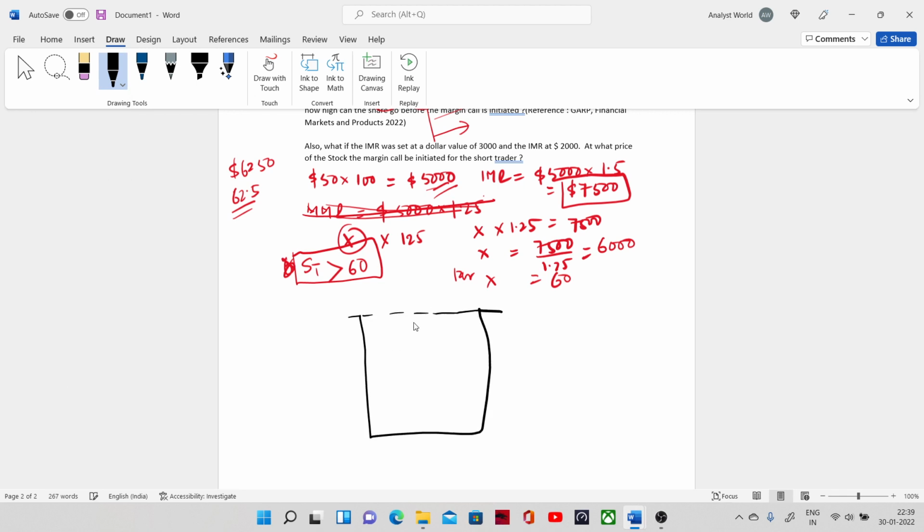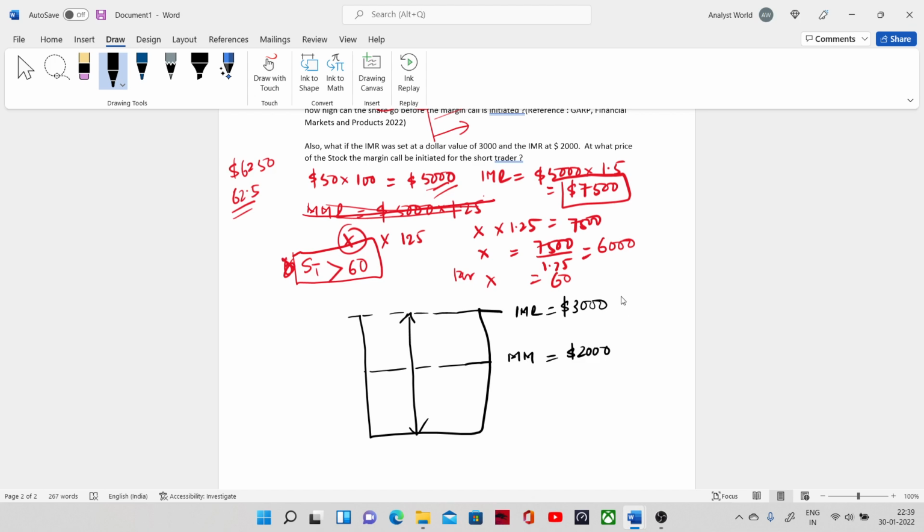If the initial margin is equal to $3,000, and the MMR, that is the maintenance margin, is set somewhere around here, which is $2,000. Here we are talking about dollar value.